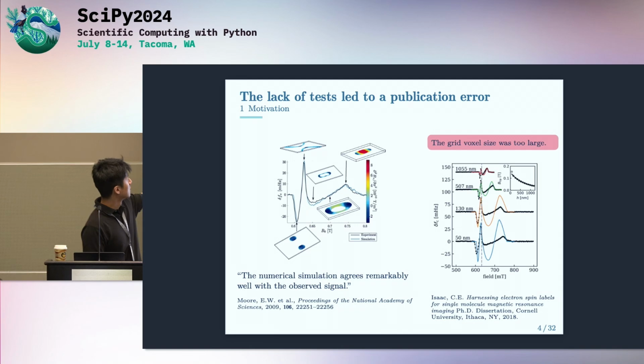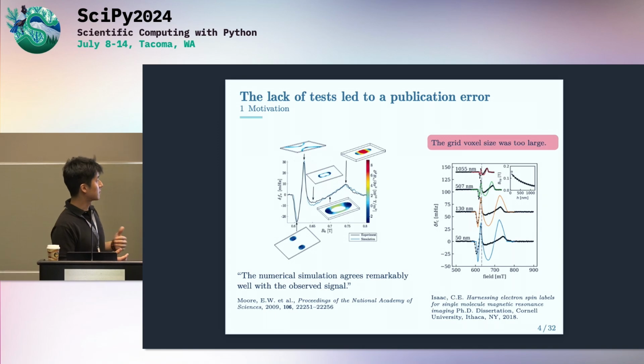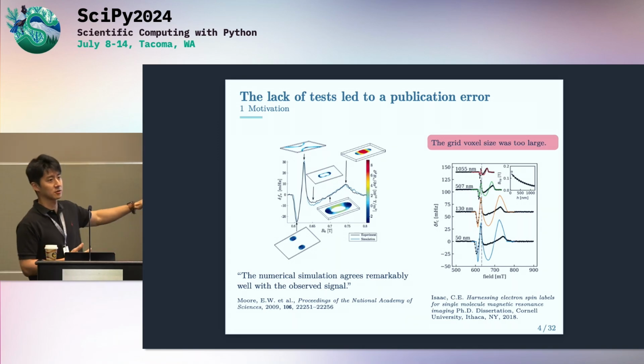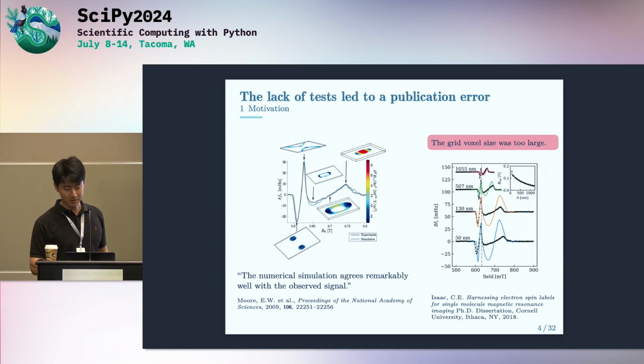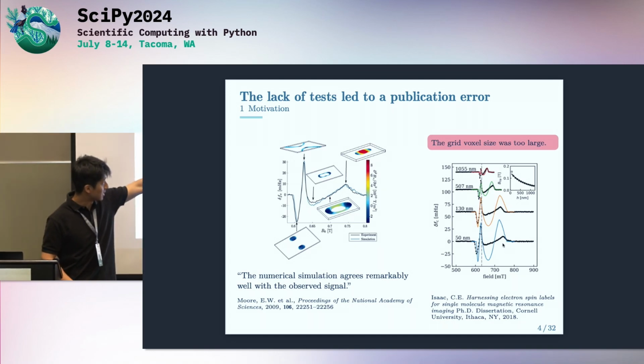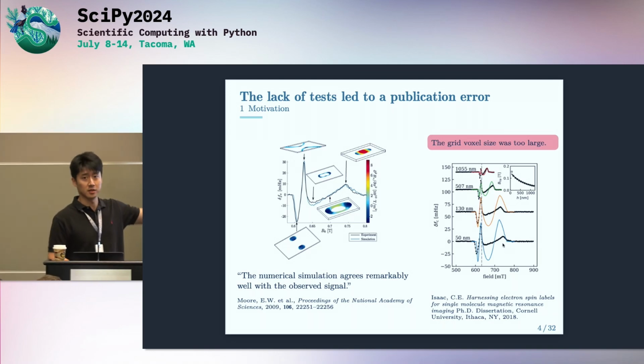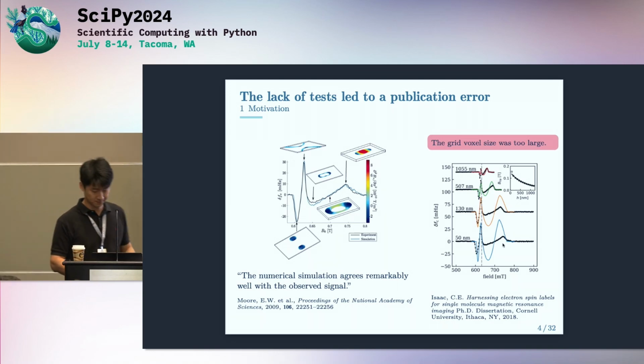These figures just show the active signal distribution. It turns out if you do a careful simulation, the grid voxel size was too large, so it accidentally agreed. If you actually carefully do this simulation, the colored lines are the actual correct simulation. It does not fit the experimental data at all.